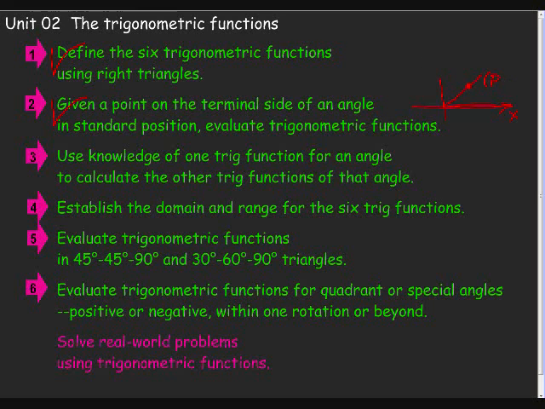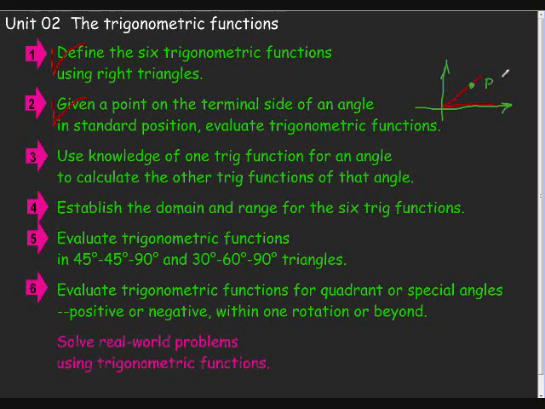whoops, I didn't want to put the P there, just a moment. Oh, in fact, I'll change color. How about that? So here's our coordinate plane. We have this angle in standard position, and we have a point right there.